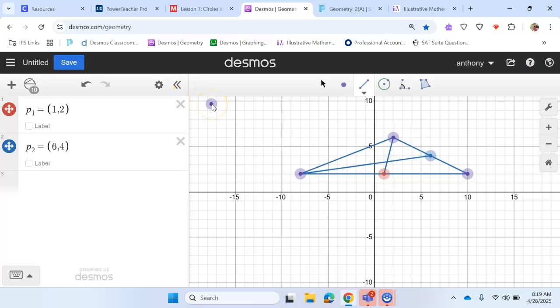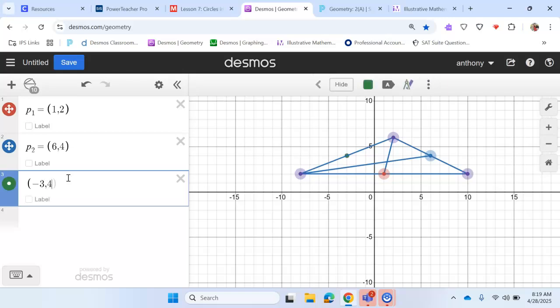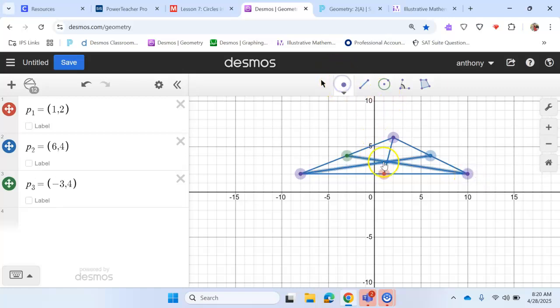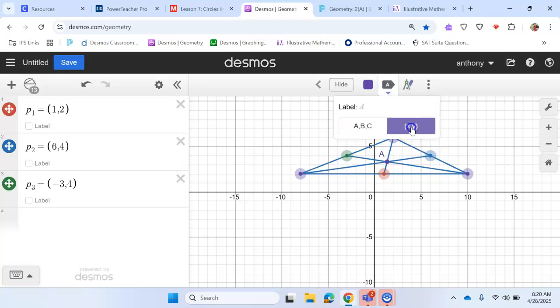And this one looks like left 3, up 4. All right, you can see it's 4 thirds and what is that? 10 thirds? 4 thirds and 10 thirds?